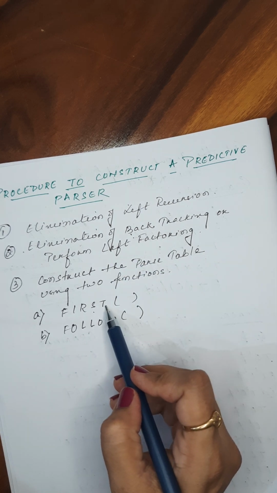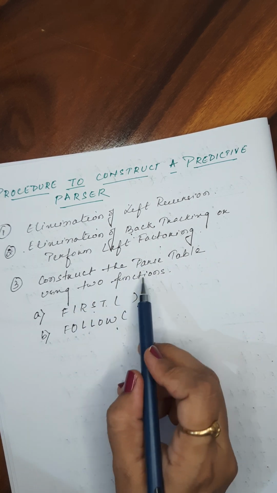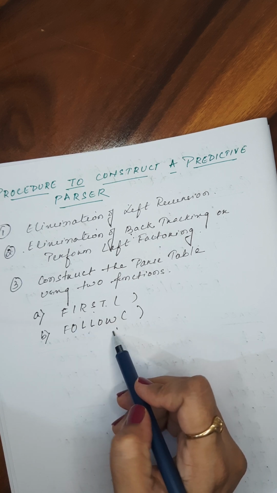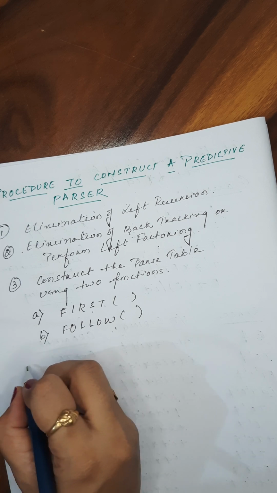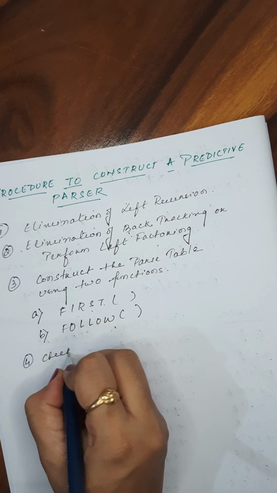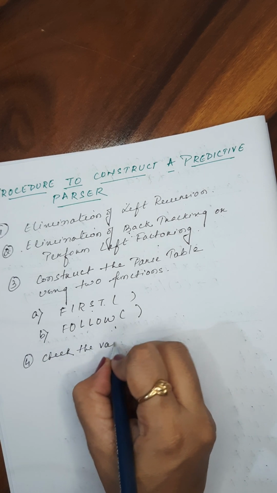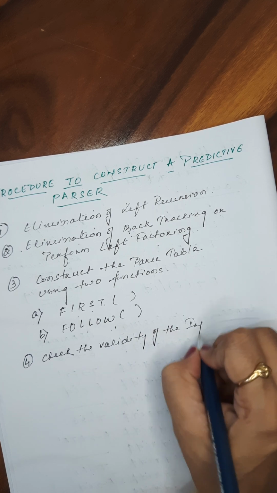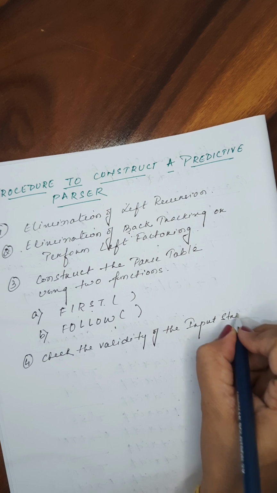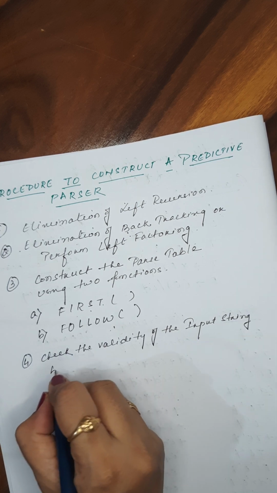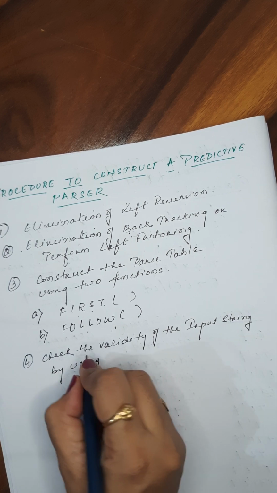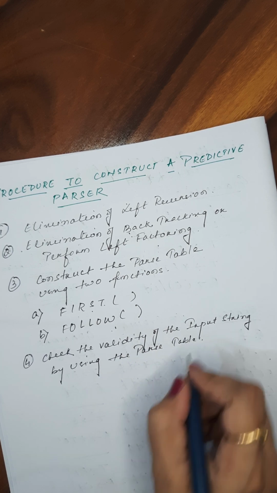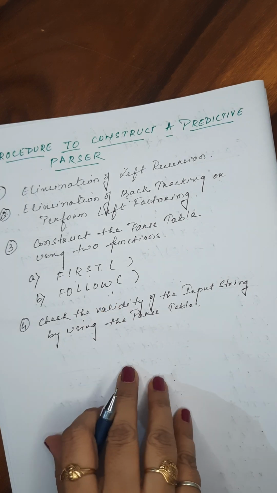The third step to construct the parse table is to study two functions, that is calculation of FIRST and FOLLOW. Then we will check the validity of the input string by using the parse table, which we will construct after calculating FIRST and FOLLOW.